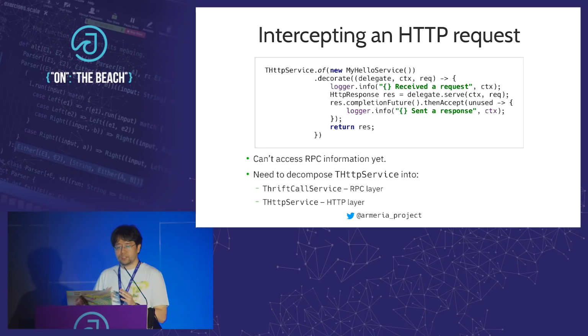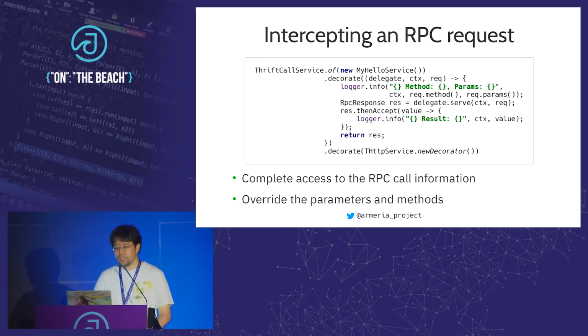So in this case, you need to decompose the HTTP service into two pieces. One part is the Thrift call service, which is an RPC layer service, and another is the HTTP service, an HTTP layer service. So when you split it into two, you get the whole information. So we created the Thrift call service and then decorated it.